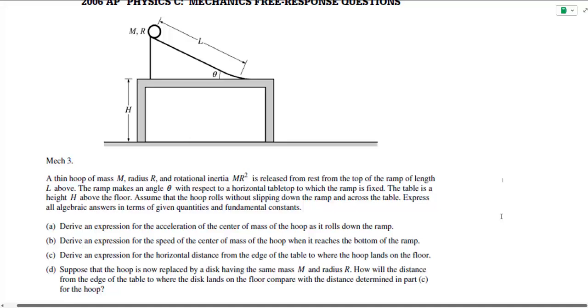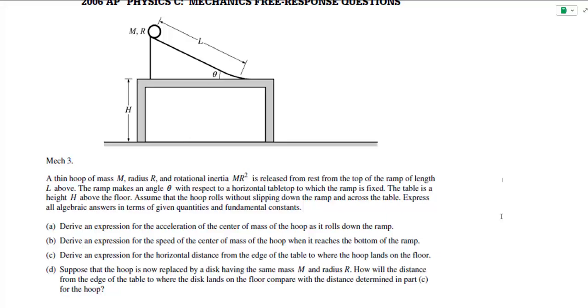Read this question. Here we have a thin loop of mass m, radius r, and rotational inertia m r square.